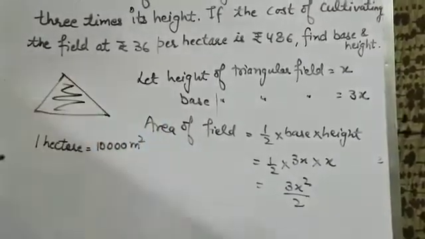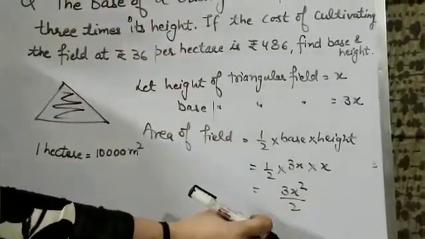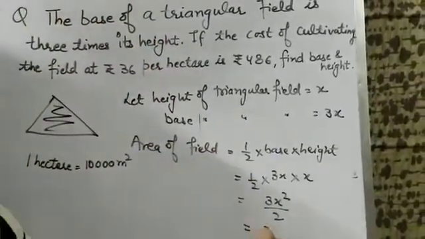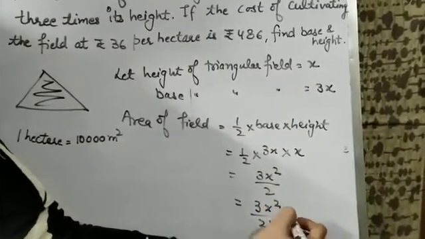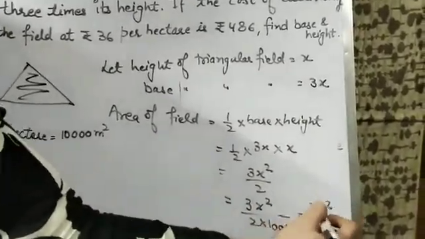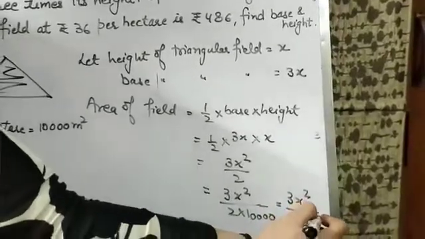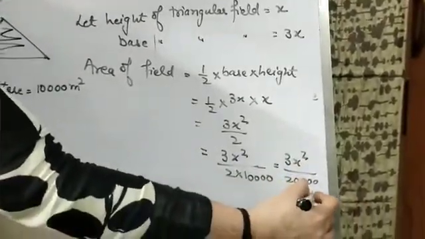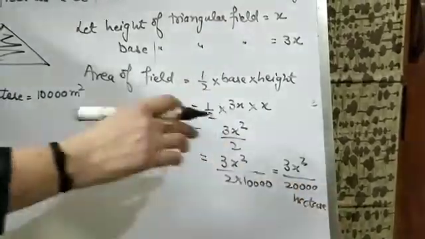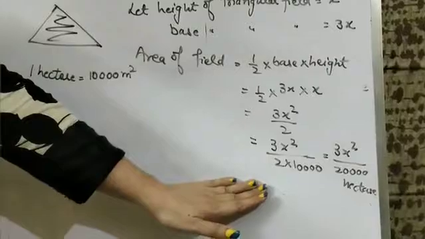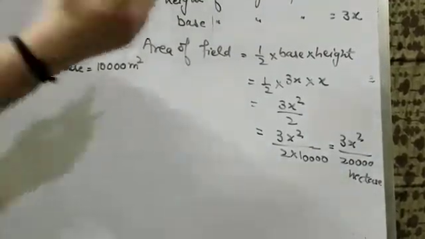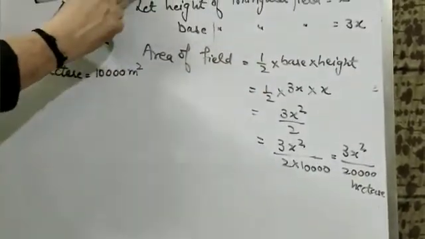To convert this area into hectare, we are going to divide it by 10,000. 2 into 10,000, that is 3x square by 20,000 hectare. Now we have found the area of this triangular field in hectare. Area is given to us. How can we find the cost? The cost per hectare is given to us.